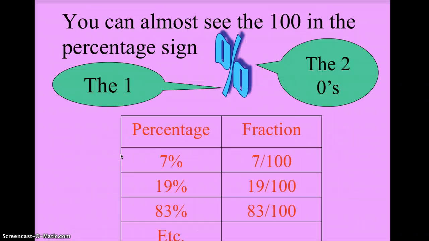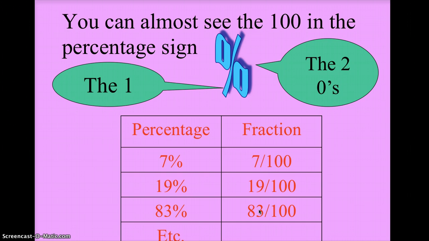You can already see this in the symbol: the 1 is this line here in the middle, and then you also have the two zeros here. So 7% is 7 out of 100, 19% is 19 out of 100, 83% is 83 over 100, and so on and so forth.